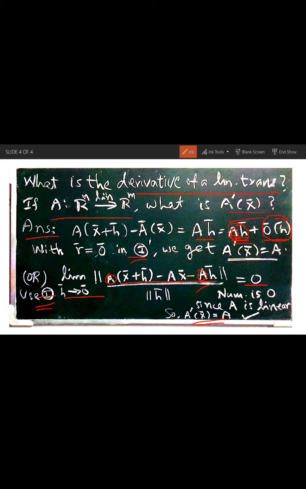What is f dash x? You will write f dash x is equal to 2, right? F dash x is equal to 2. Just now I said the derivative of a linear transformation is the linear transformation itself. But here the function I started with is f of x is equal to 2x.